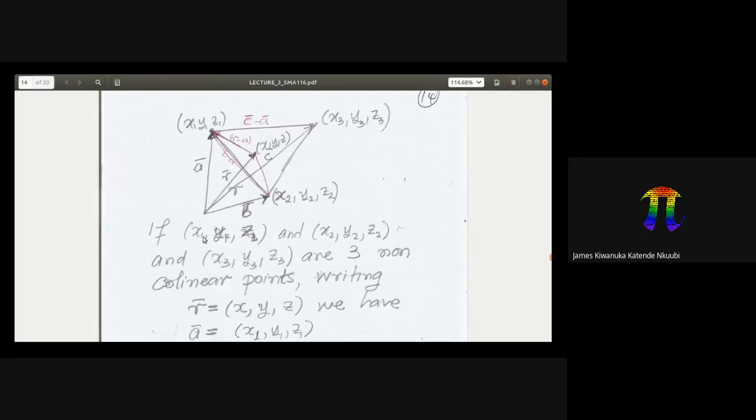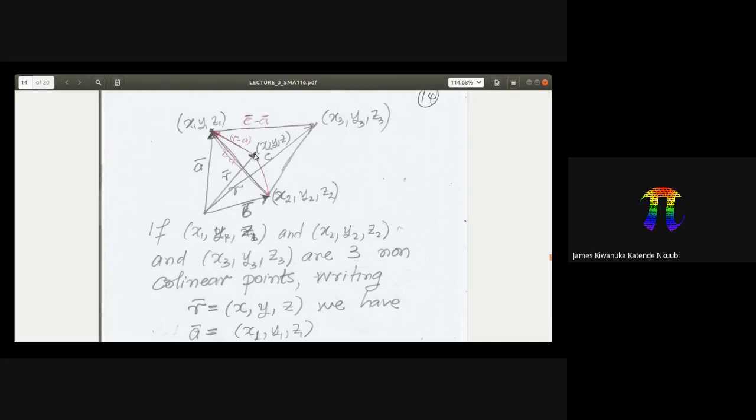We take A to be this point, x1, y1, z1. The position vector for B would be x2, y2, and z2. The position vector for C will be x3, y3, and z3. And then x, y, z is any other point on the plane.